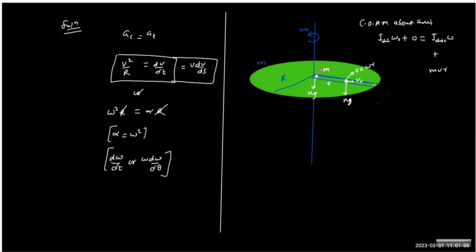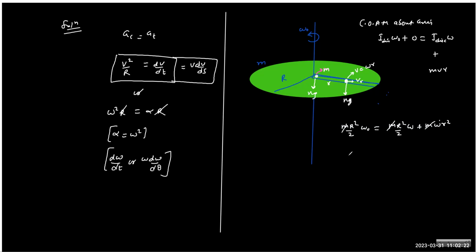So we always resolve things into radial and perpendicular components, and then we can get mvr. So your answer will be mr square by 2 into omega naught equals mr square by 2 into omega plus m omega r square. Am I right?